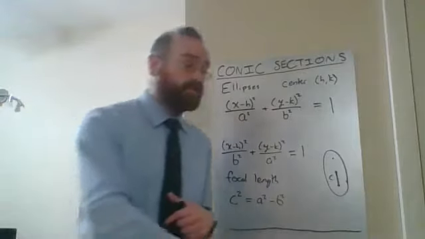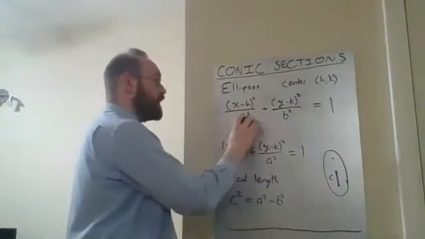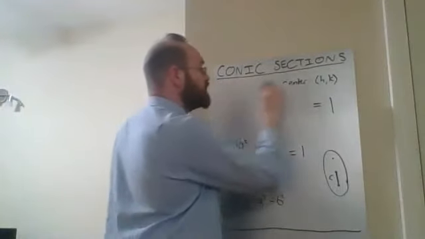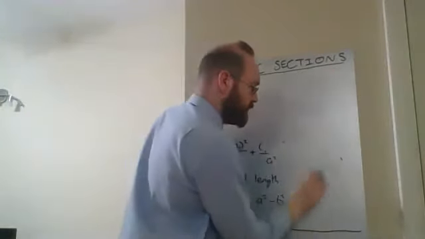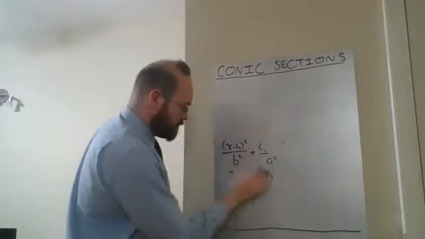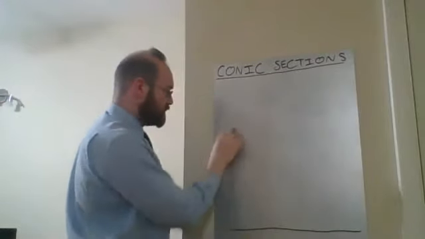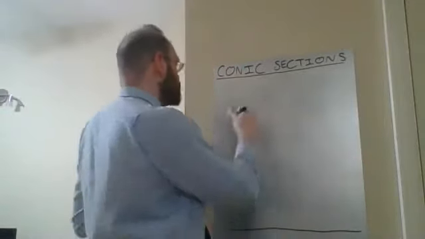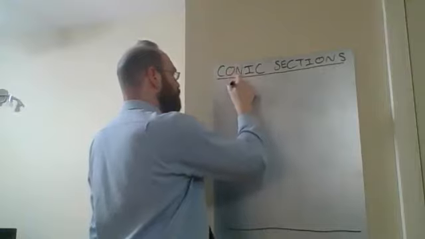I'm assuming by now you've written that all down. So I'm going to erase all of this and make space because we'll need this space. Okay, so I'm going to just randomly pick some numbers.